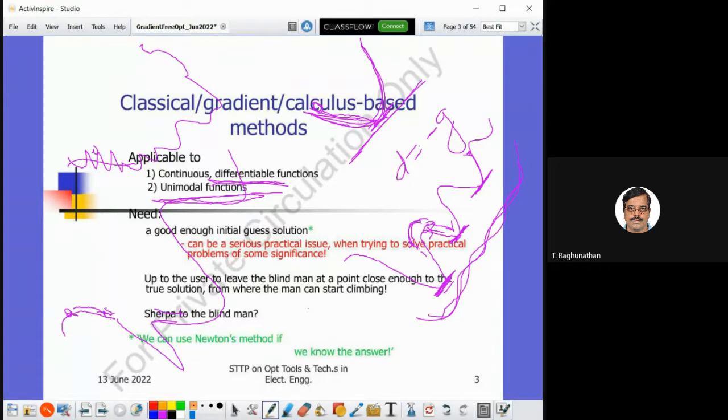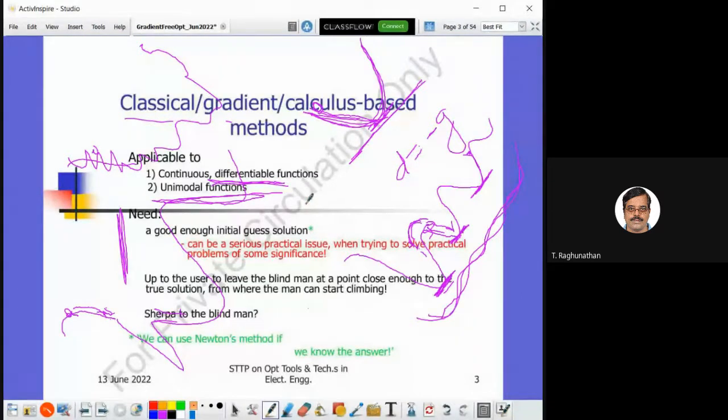Then the next thing is, all these methods, gradient based methods or classical methods or calculus based methods, they all need a good enough initial guess solution. Yesterday I already told you, when you have Newton's method, if you don't have a good enough guess solution, what happens is, instead of going downwards to the minimizer, you end up at some other point.